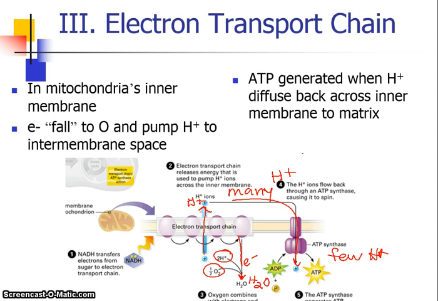So when the oxygen is used, the reason why is oxygen is really greedy for electrons and it pulls really tightly on them. So as those electrons move through, it's going to pull most tightly at the end, and it's part of what helps keep things moving through the chain. And then that is where our water byproduct comes from as it combines with the O2 and the H plus ions in the solution.